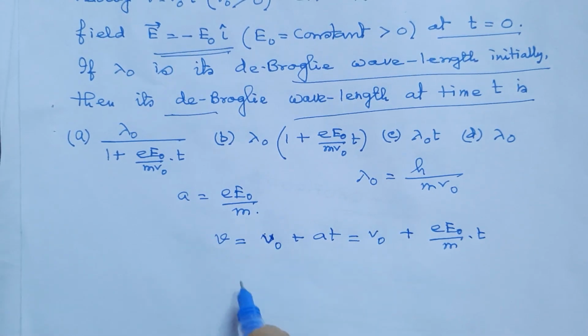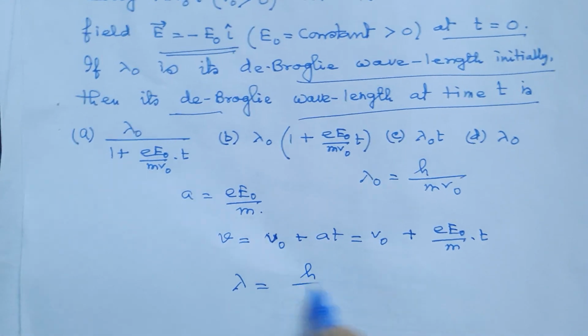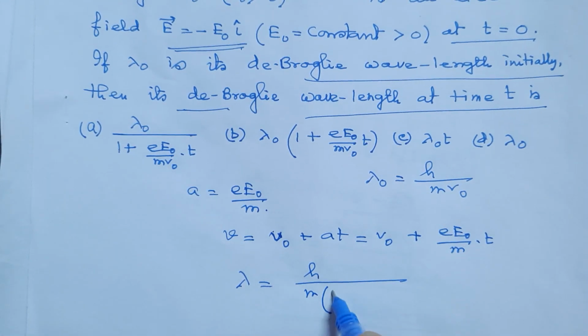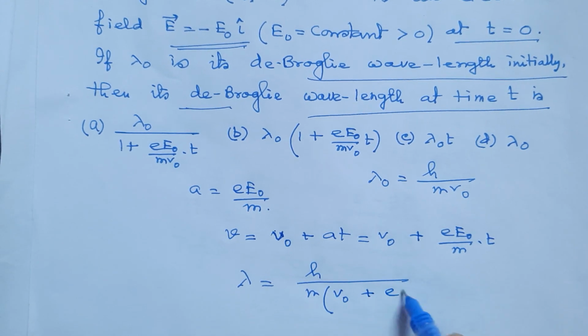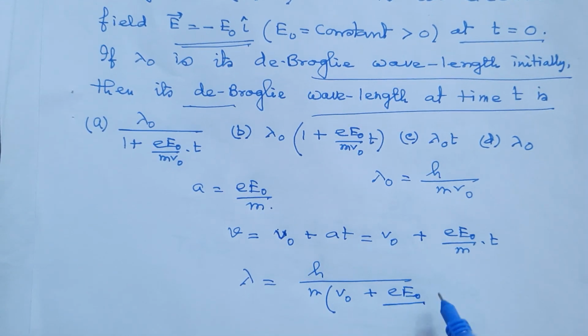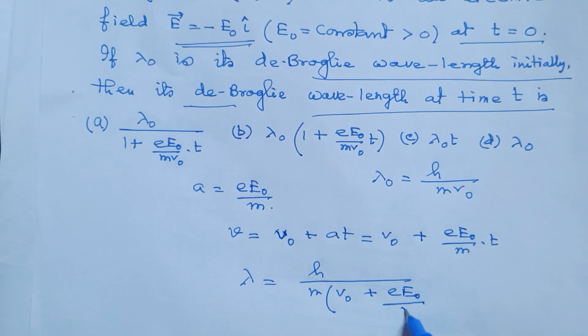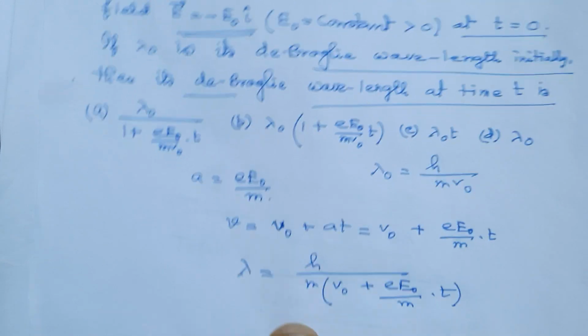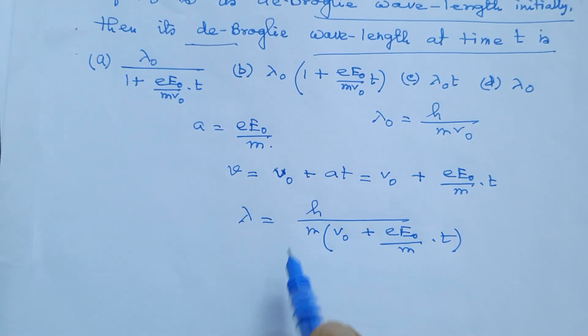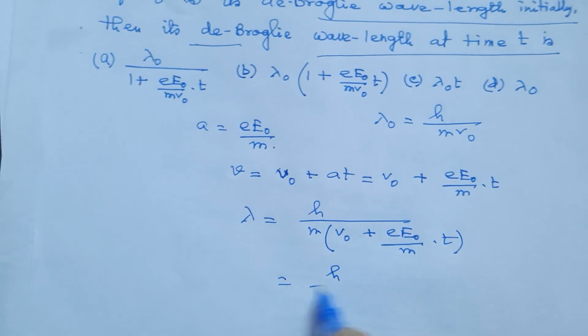Now the corresponding de Broglie wavelength lambda equals h by mv, that is m into v0 plus eE0 by m into t. We need mv0 actually. So h by mv0.